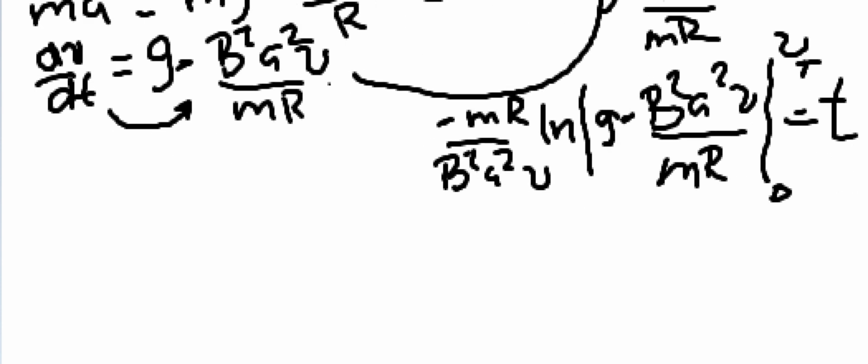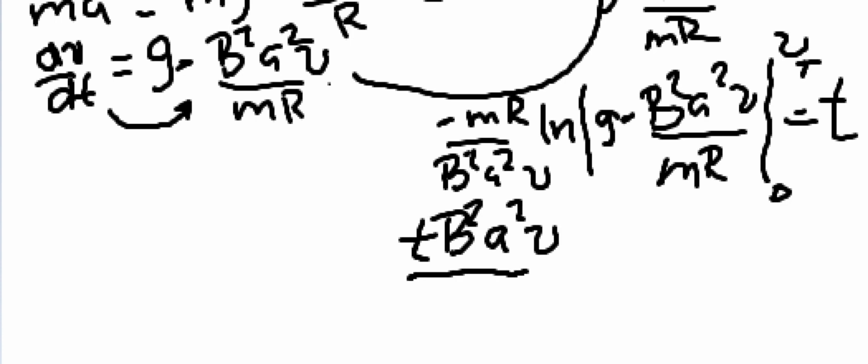Once we integrate this side, all we have to do is take this constant and move it over to the other side. It's going to be t times B squared times a squared times v over mR as a negative, and I'll put an e here because it's the inverse operation for natural log.